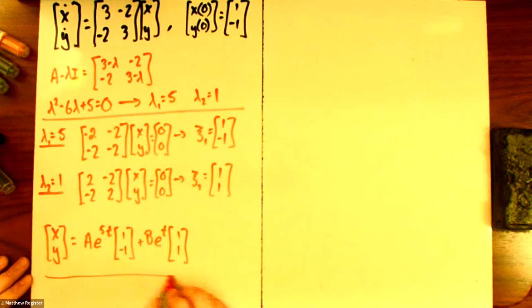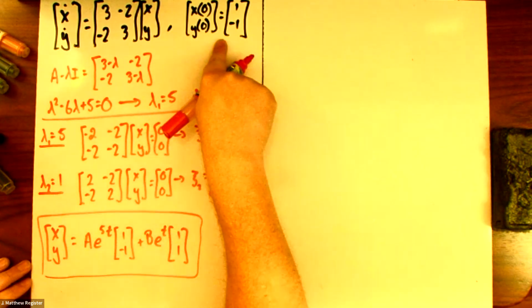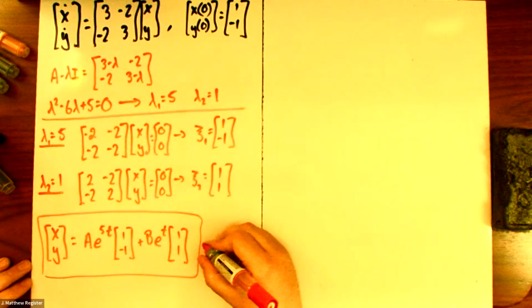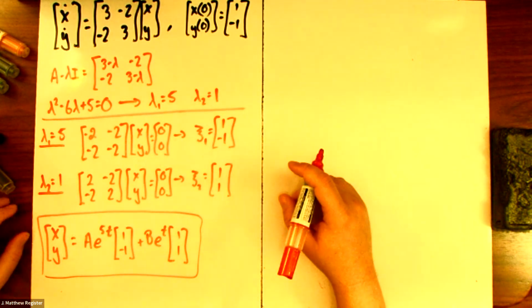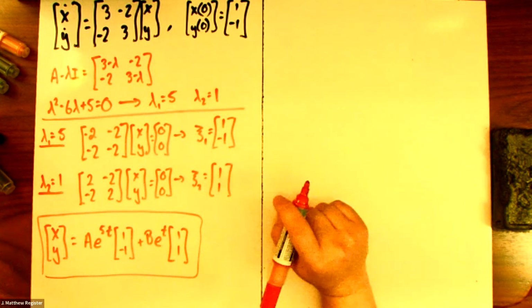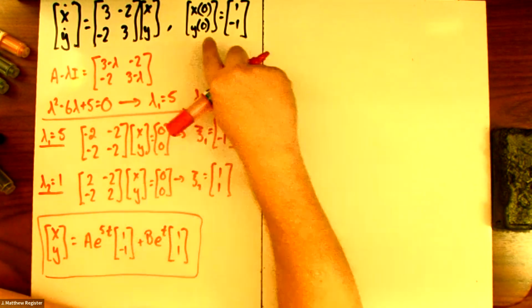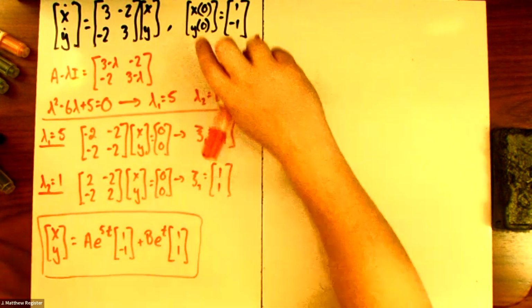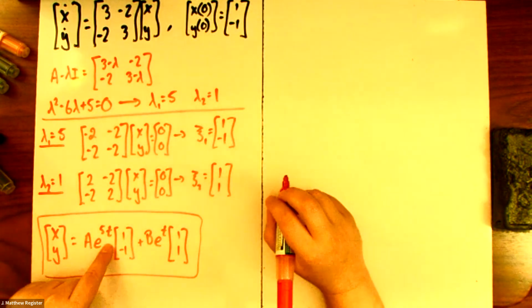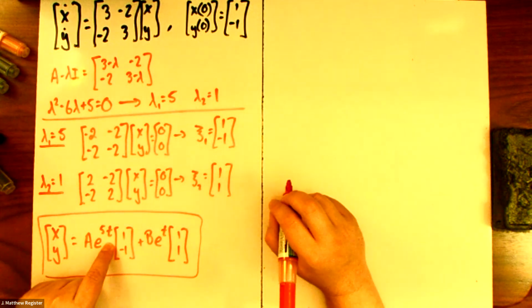So this is the general solution, but we weren't looking for the general solution in this case. We were looking for the particular solution. We were given initial information, and so we can use that to find the particular solution. And so we need to take this point and plug it in. And so x of 0, that's going to be when t is equal to 0.